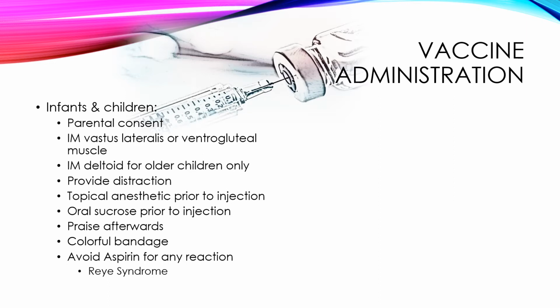Sometimes, if we have the opportunity and time ahead of time, we can apply a topical anesthetic to the site prior to the injection, such as the EMLA cream we talked about in first week's lecture. We can also provide oral sucrose prior to injection. So this is like sugar water. We can give it to their mouth so they can suck on that as a distraction and have a happy response to the situation that's going on, or even dip their pacifiers in it.